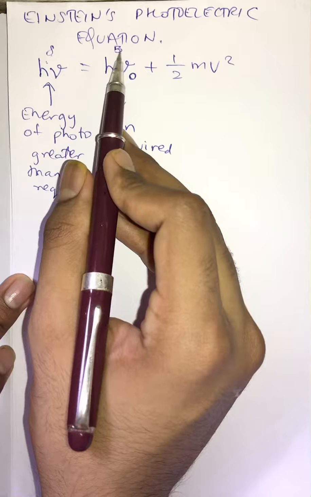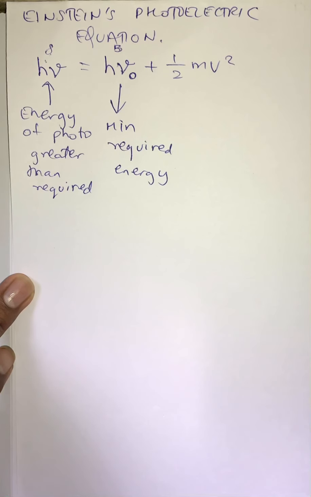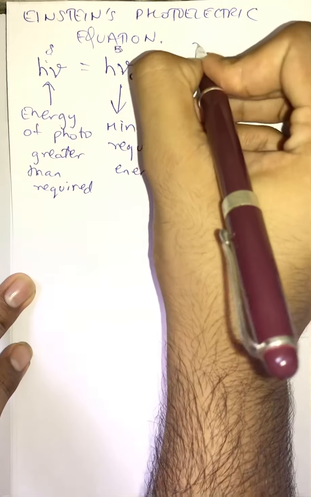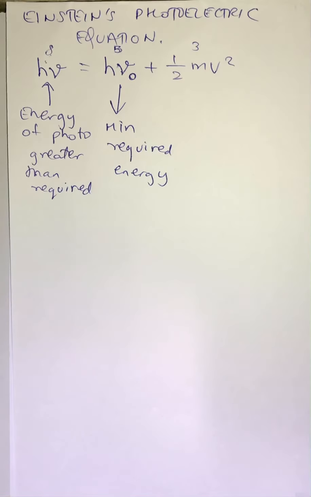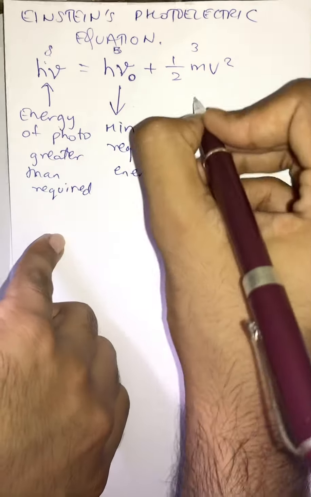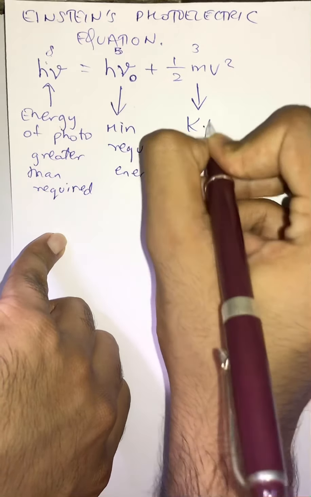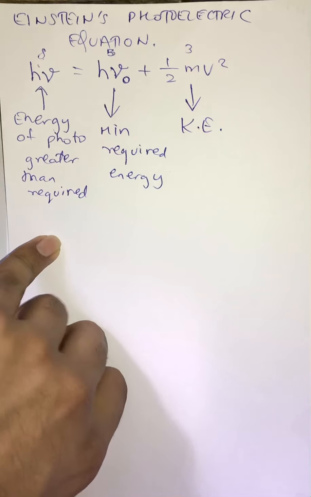So 5 joules of energy will be consumed in removing the electron from the atom. Now the remaining 3 joules of energy will be left with the electron in the form of kinetic energy.